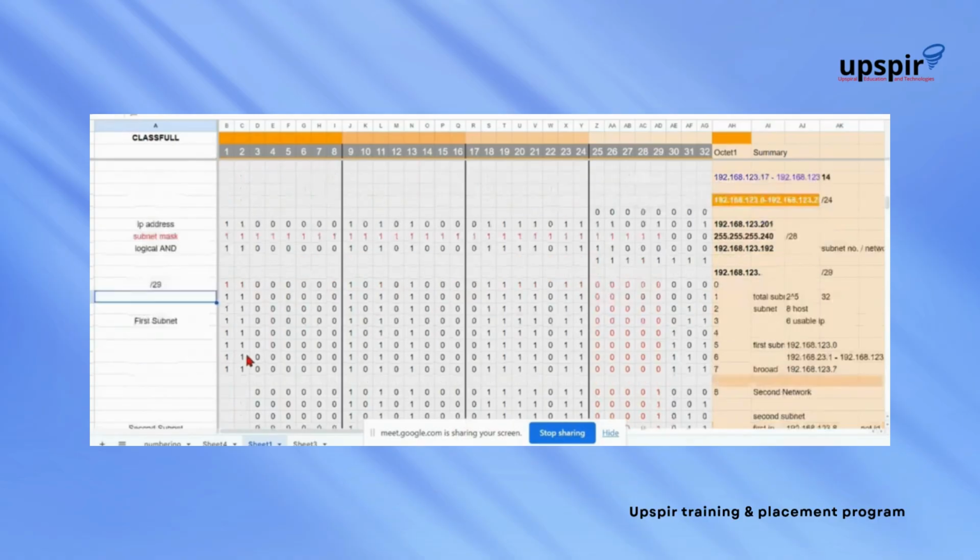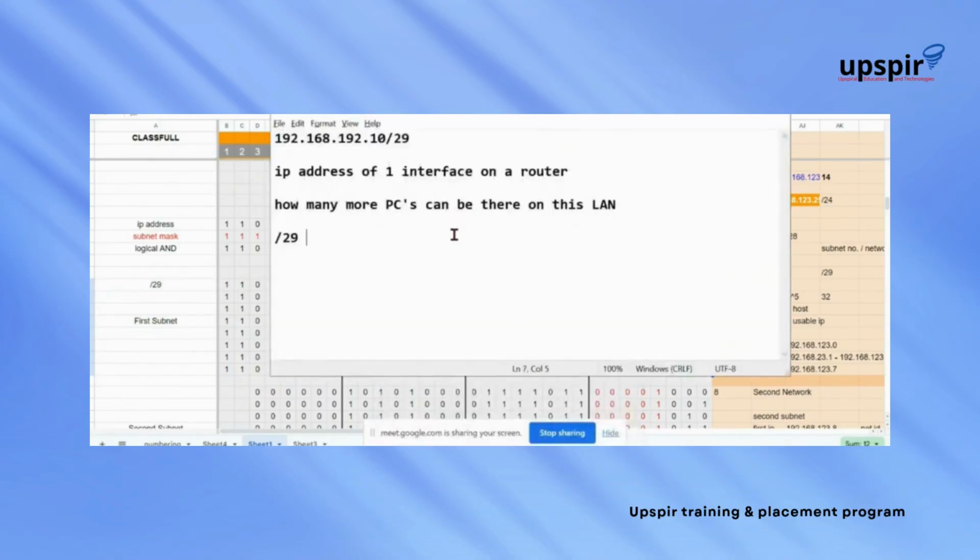Now in this particular scenario, this entire thing becomes our network ID. So how many bits are we left with? We are left with only 3 bits. So how many hosts can there be per network? That will be 2 raised to the power of 3, which is equal to 8.